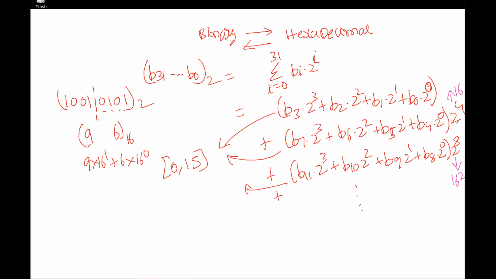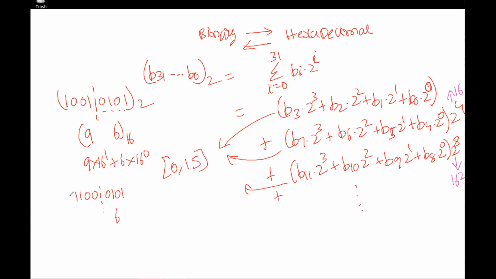And this is exactly what we are doing here. Similarly, let's consider one more number, 1100 and 0101. Again, if you want to convert it into hexadecimal, it becomes easy. This remains 6, and this becomes 1, 2, 4, 8: 8 plus 4 is 12.